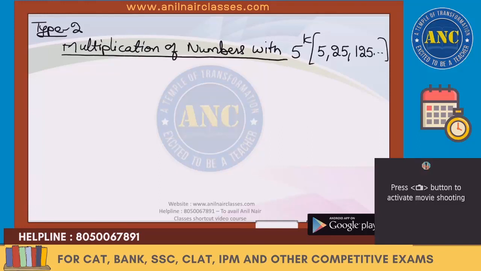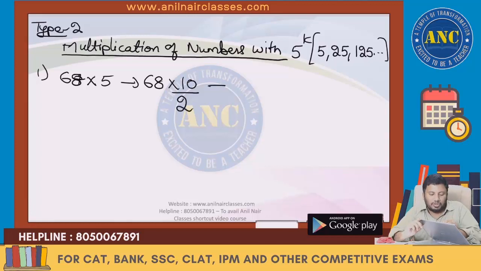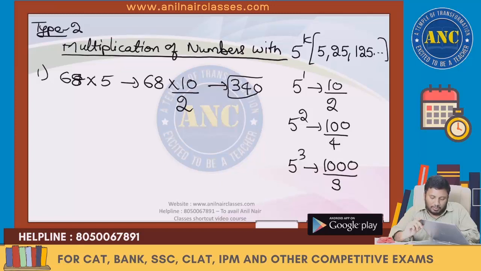First one, 68 into 5, which is 68 into 10 by 2, which is 340. So 5 power 1 is 10 by 2. 5 square is 100 by 4. 5 cube, 125, is 1000 by 8.